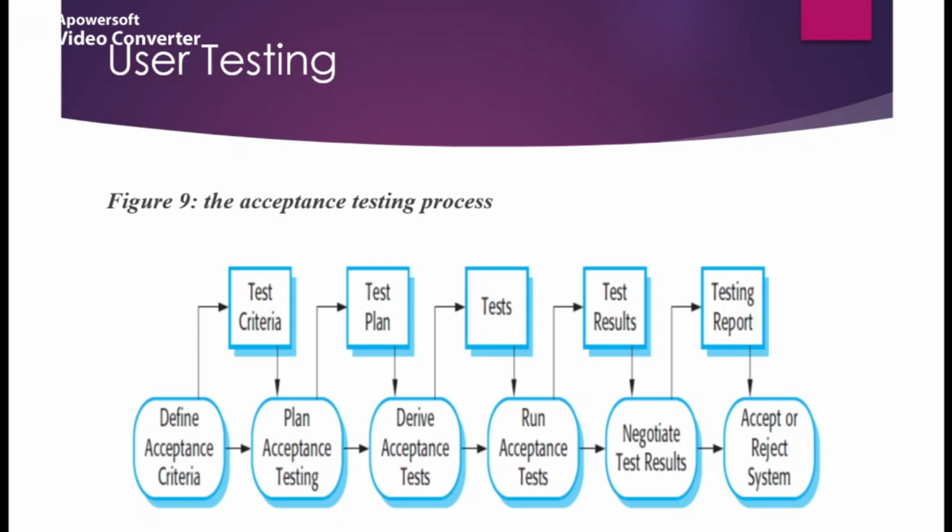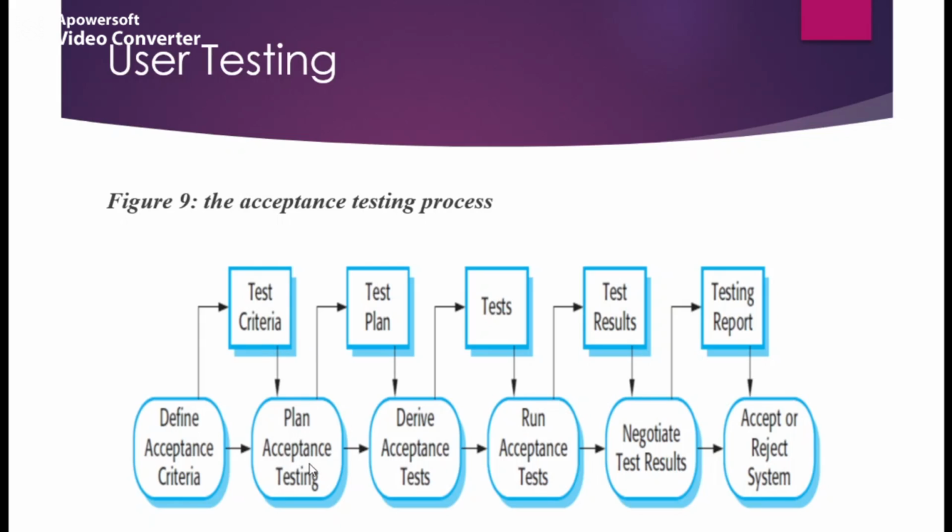It's not the requirements. What is the acceptance criteria? Think that you have some 5 points in the acceptance criteria, and if your product passes all the 5 points, then you can decide to put it into the market. So first you have to define the acceptance criteria, and then that test criteria is given as input.